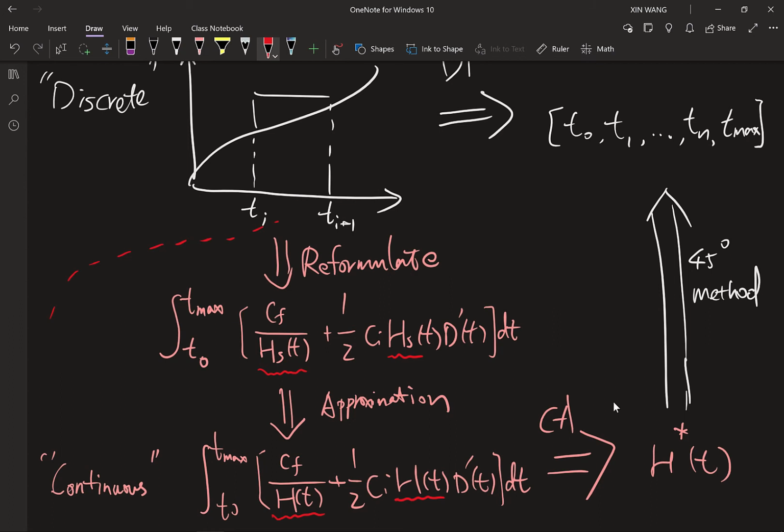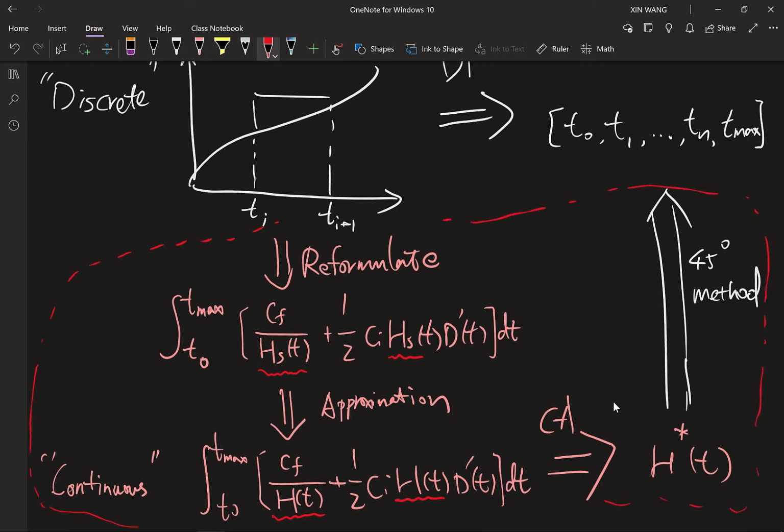Our CA formulates the problem into its continuous version and then solves it using an analytical method, taking the derivative or calculating the optimum functional, and gets the continuous solution. Finally, we convert the continuous solution back to the discrete solution.